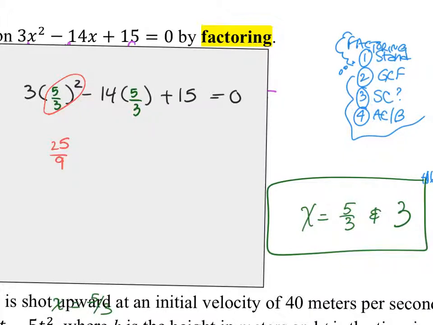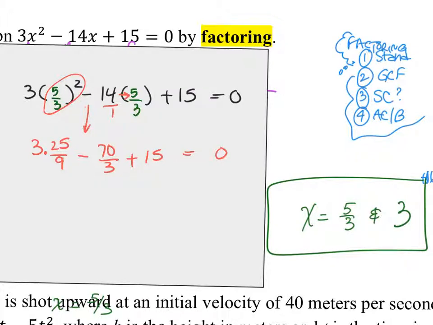25/9. That's being multiplied by 3, minus, now you've got to do 14 times 5/3. Well, 14 times 5 is 70. I just rewrote the negative there. 70/3. And then plus 15 equals 0.